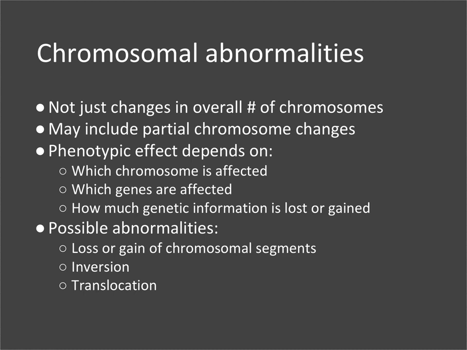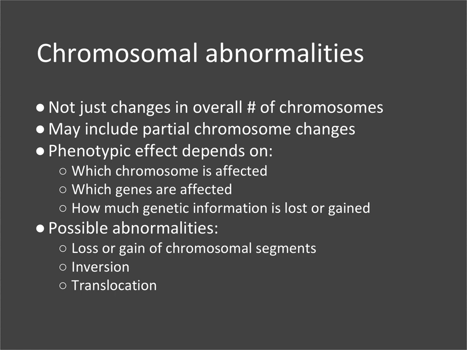So the effect on the phenotype really depends on which chromosome is affected, because different chromosomes carry different types of genes, and which specific genes are affected. So if it's only part of the chromosome that's affected, it might only affect the genes that are on that part of the chromosome. And it depends on how much genetic information is either lost or gained.